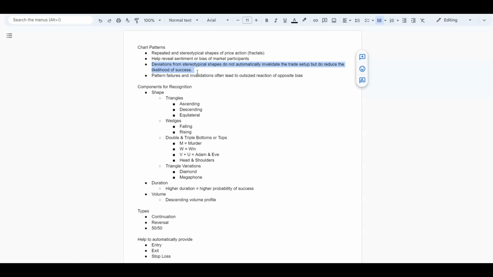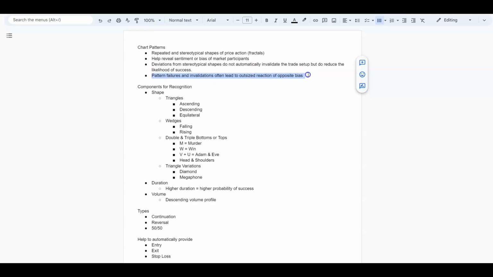There's a perfect cookie cutter version of all these, right? Those cheat sheets are a perfect example. If you ever see anything like that with a descending volume profile, for me, that is a slam dunk trade all day. I take that trade. I don't think about that trade. If it works out, great. If it doesn't, great. But there's a reason these chart patterns pop up over and over and over again and play out over and over and over again the same way.